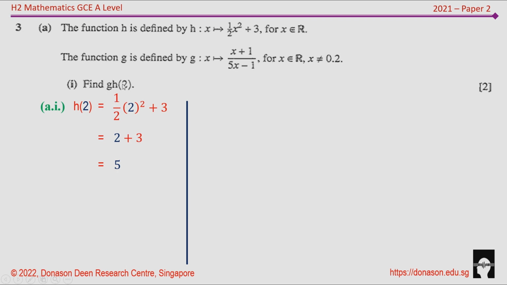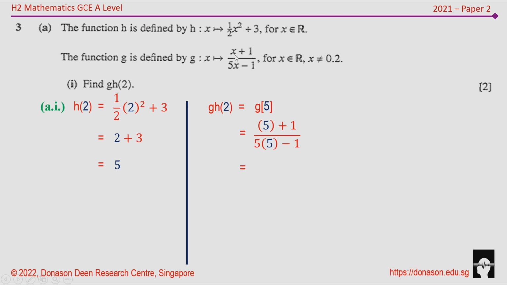But what we want is g of h(2), right? So g of h(2) means when this value of x becomes h(2), which is of course 5, we want to find out what that value is. We know that h(2) is actually 5, which means we want to find the value of g(5).